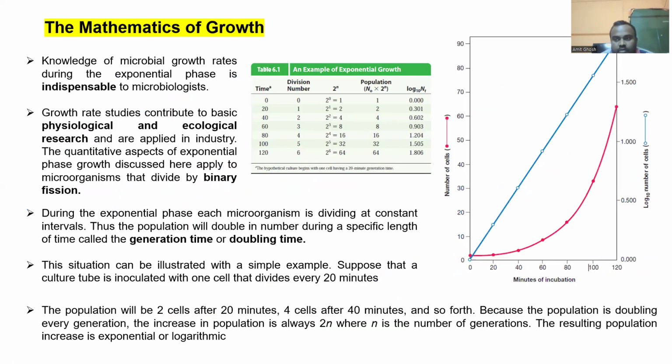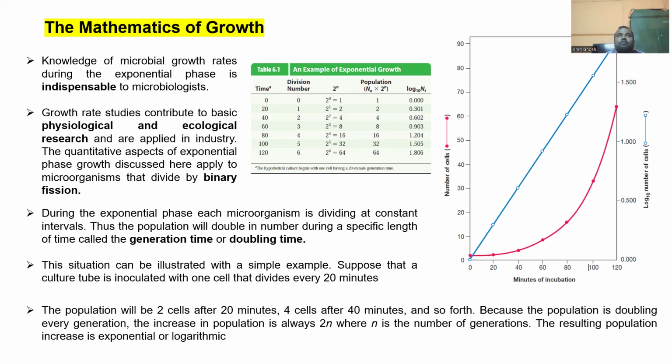Now we are going to discuss the details about the mathematics of growth, called kinetics. This is very important. Knowledge of microbial growth rates during the exponential phase is indispensable to microbiologists.